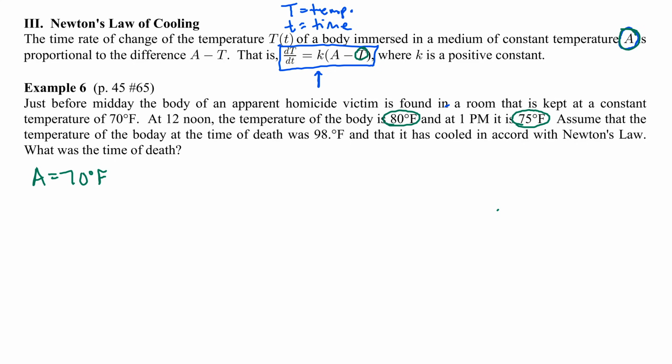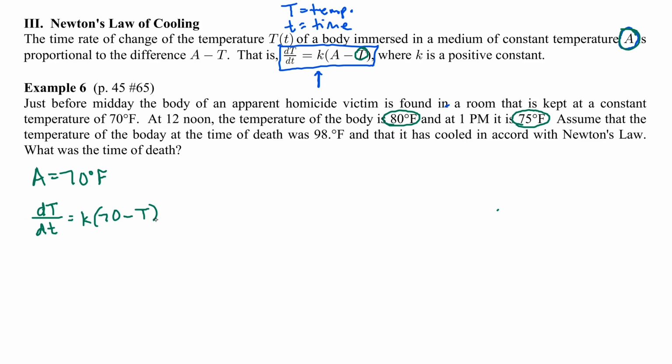Okay, so let's write our differential equation. We have dT divided by dt equals K times A. We know that part is 70 minus capital T. This particular differential equation does not match the pattern of differential equations we've been studying. This one is a little bit different. So we do need to go ahead and solve this one by separation of variables.